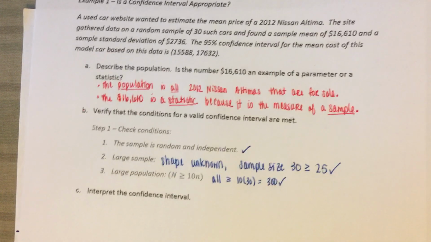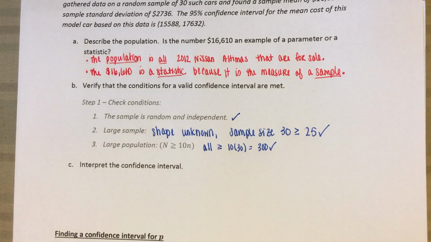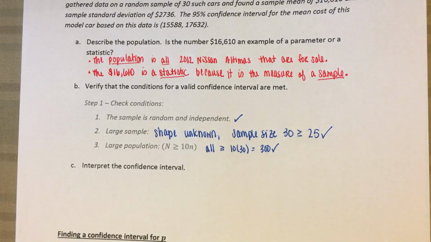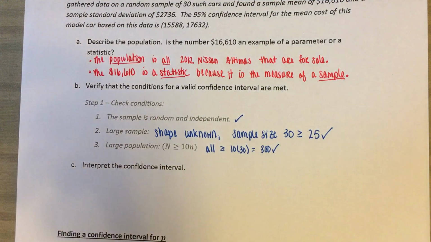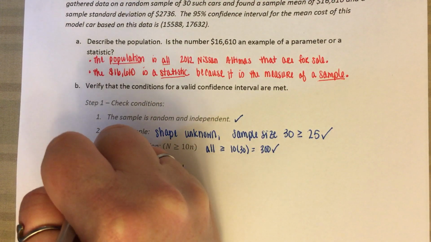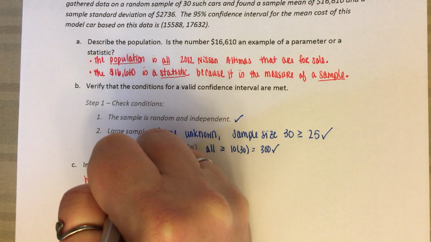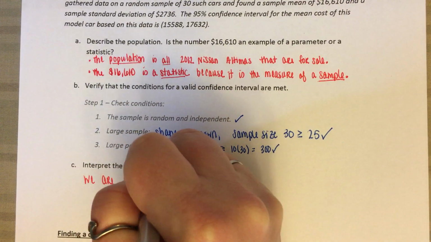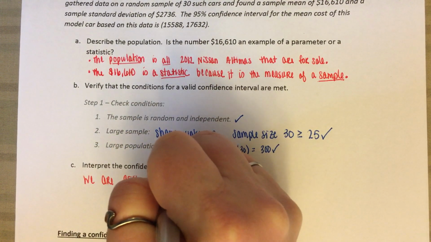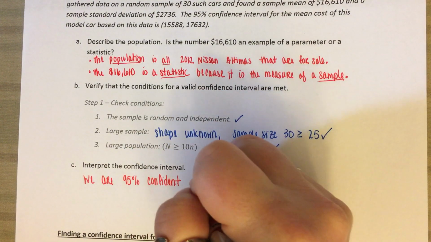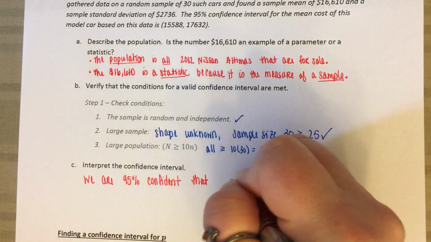Now we're asked to interpret our confidence interval. The last line of our problem says the 95% confidence interval for the mean cost of this model car based on this data is $15,588 to $17,632. When interpreting confidence levels, we start with our confidence level. So we are 95% confident that, what are we talking about?